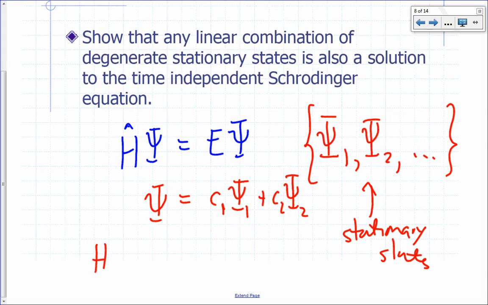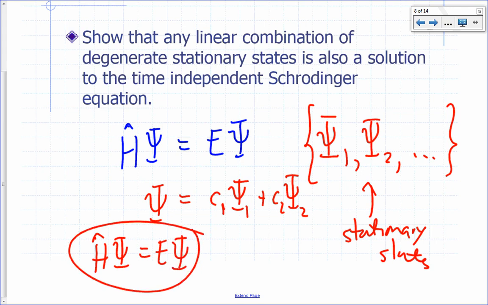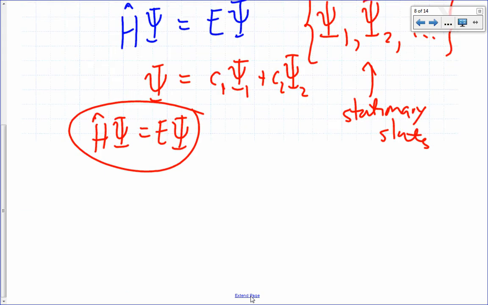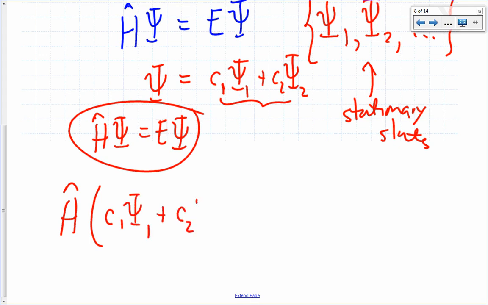Is H hat psi equal to E psi if psi is a linear combination of stationary states? Let's just do a linear combination of these two. H hat of C1 psi 1 plus C2 psi 2 equals, well, the Hamiltonian operator is a linear operator. I can distribute, and I can pull out constants.